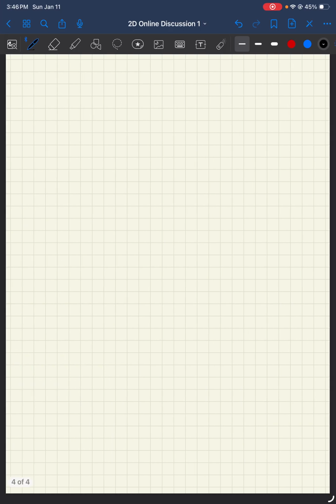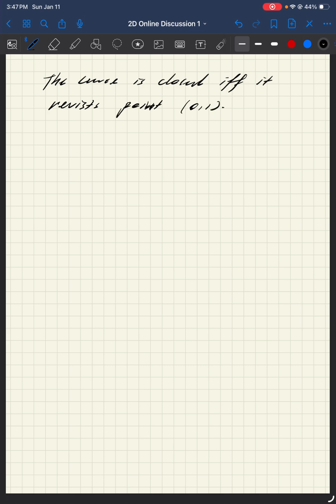So we have the following observation. The curve is closed if and only if it revisits the point (0, 1).